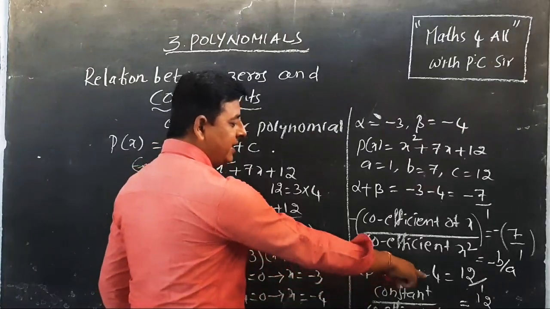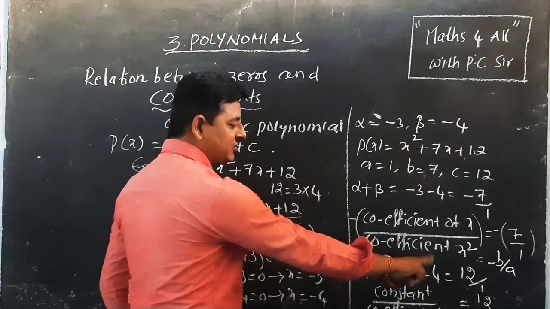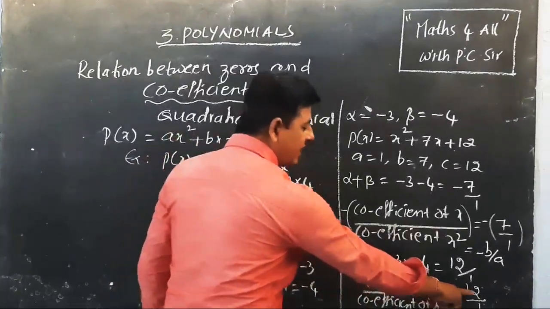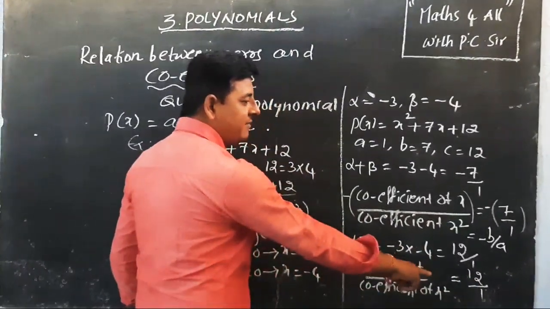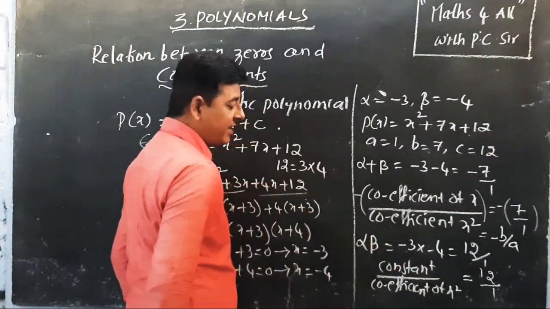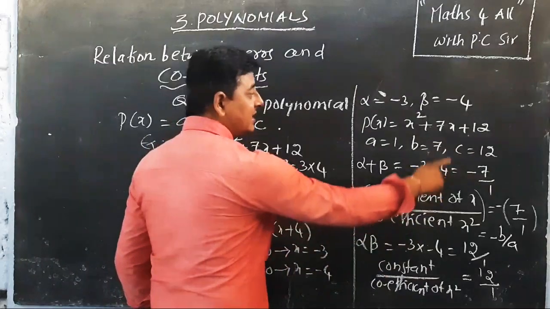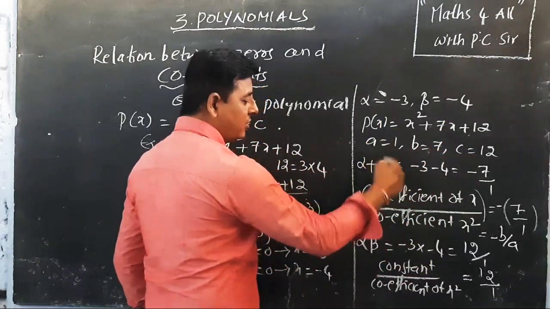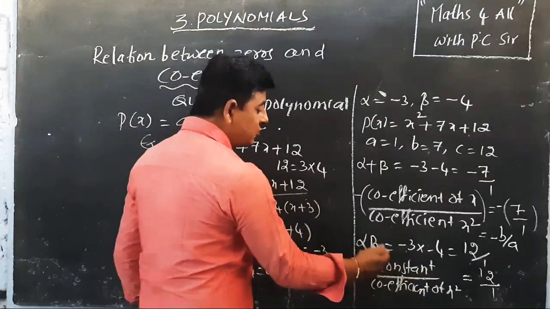And here alpha beta is also 12 by 1, that is 12 only. And constant by coefficient of x square we got 12 by 1. What is the constant? That is 12 only. And what is the coefficient of x square? That is 1 only, 12 by 1. Then these two are equal.